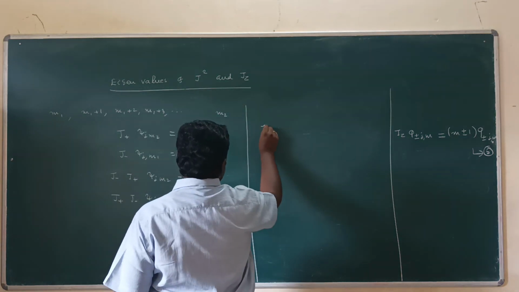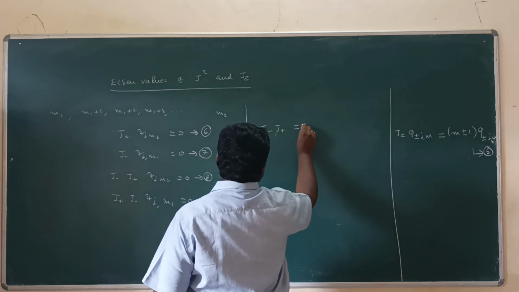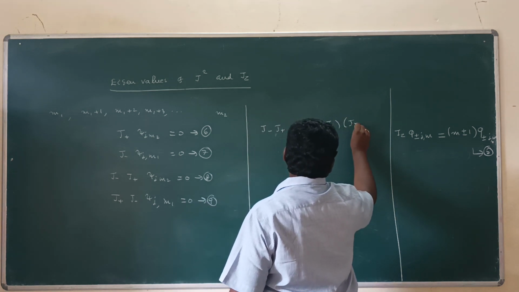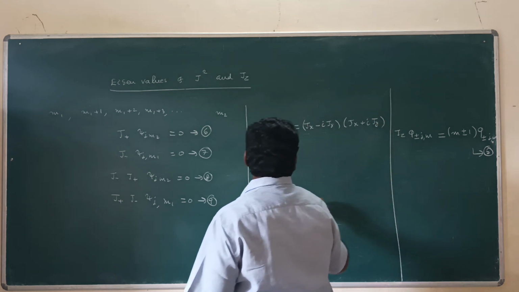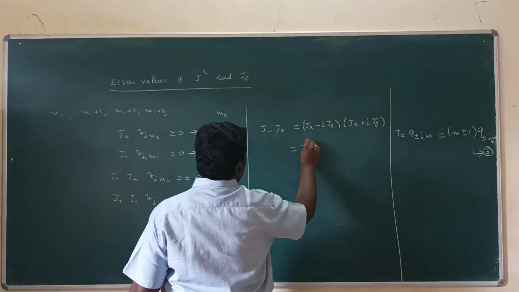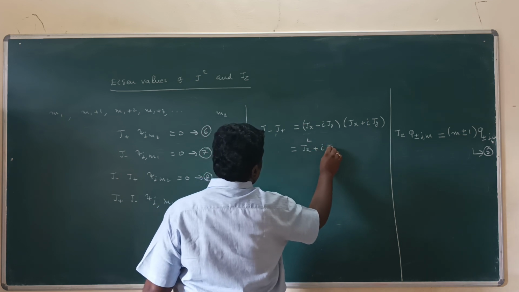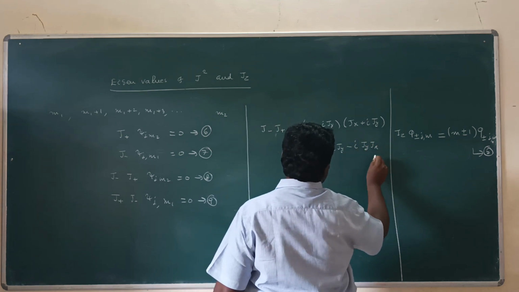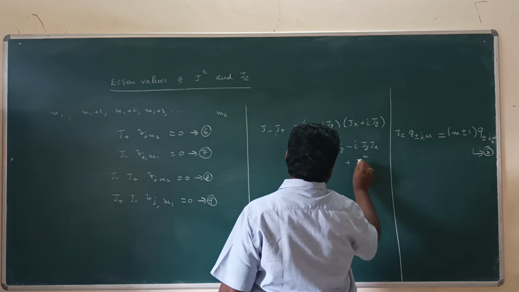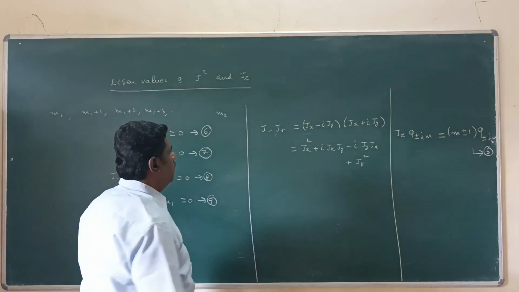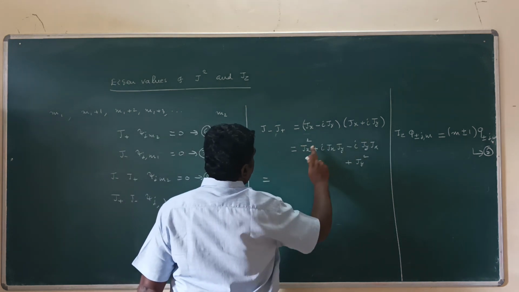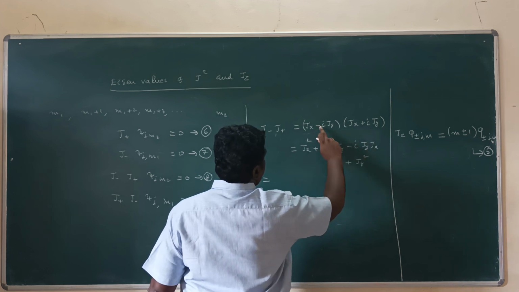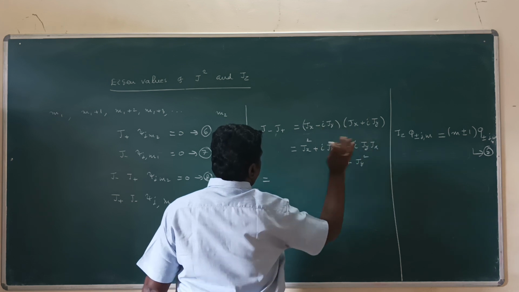J− J+ = (Jx − iJy)(Jx + iJy). This is equal to Jx square + i JxJy − i JyJx + Jy square, since i square is −1.